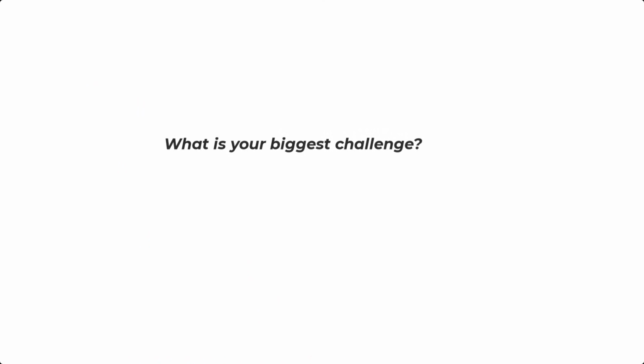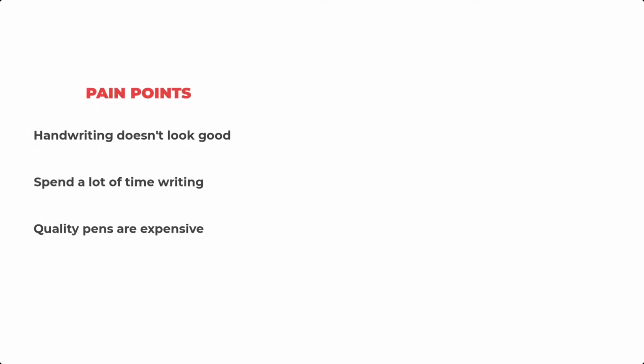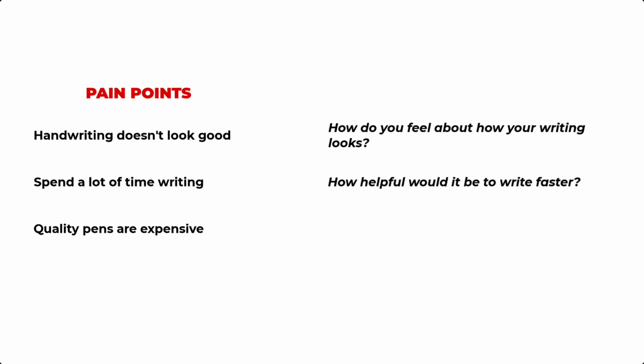So instead of asking general questions like, what is your biggest challenge? Or what keeps you up at night? Ask questions that are aligned with the pain points your product or service helps to solve. Like, how do you feel about how your handwriting looks? How helpful would it be to write faster? How concerned are you about how much good quality pens cost?